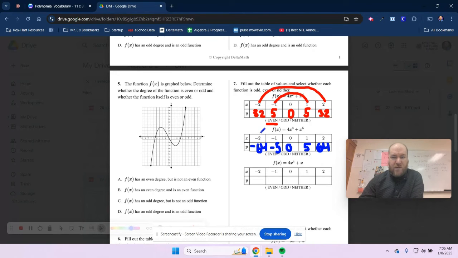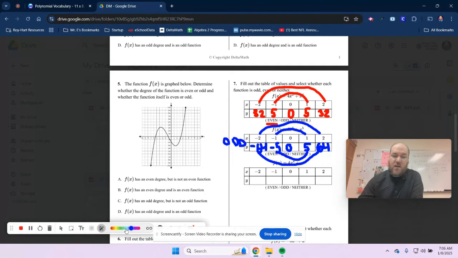So when I plug in negative x's, I get negative y's. If that's true, then that means the function is odd.